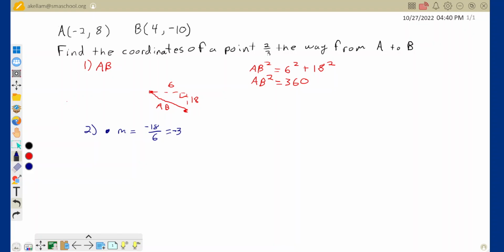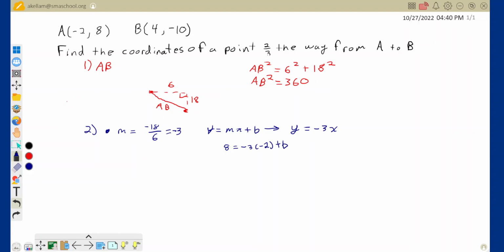Then we can use any old equation for the line, but most people like slope-intercept form, so we have y equals mx plus b, and that's going to yield for us y equals -3x, and our y-intercept, we can do the quick scratch work down here to get it. 8 equals -3 times -2 plus b.